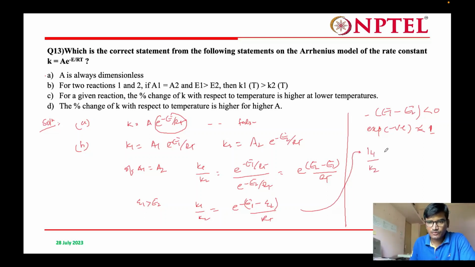So k1 is less than k2, but option B says k1 is greater than k2, so this is also false.